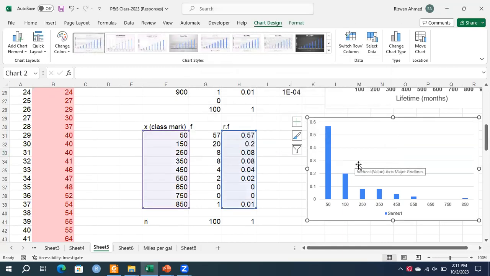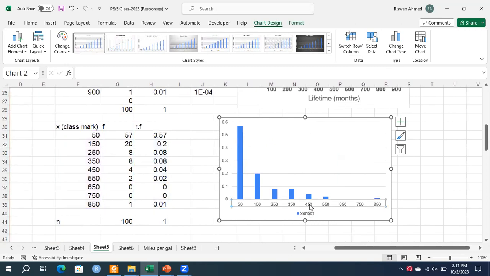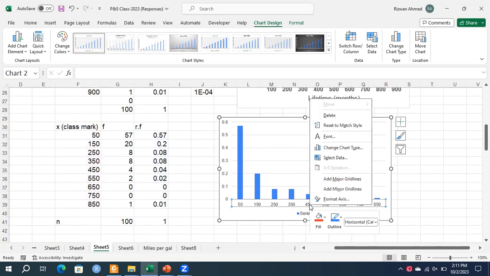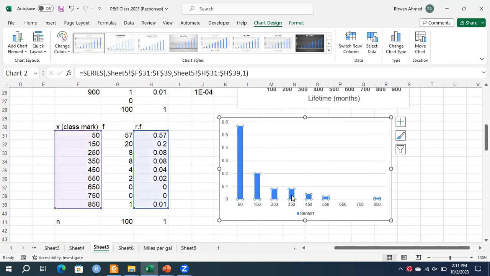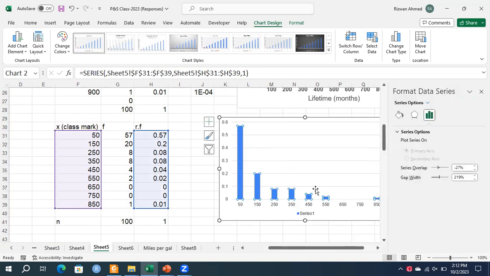Okay, but to make it more professional looking, I have to format the data series. So there is a gap width, right?